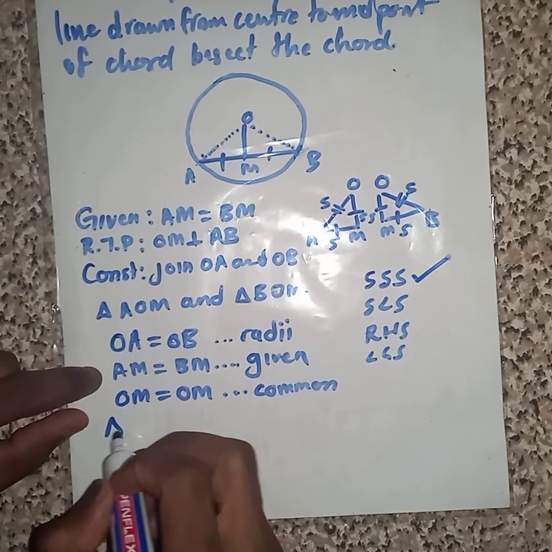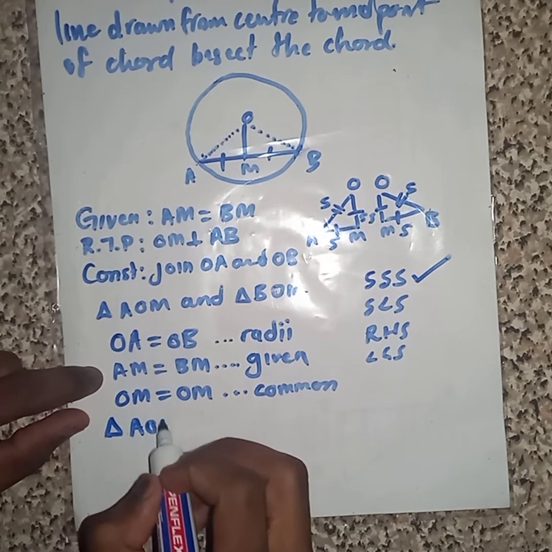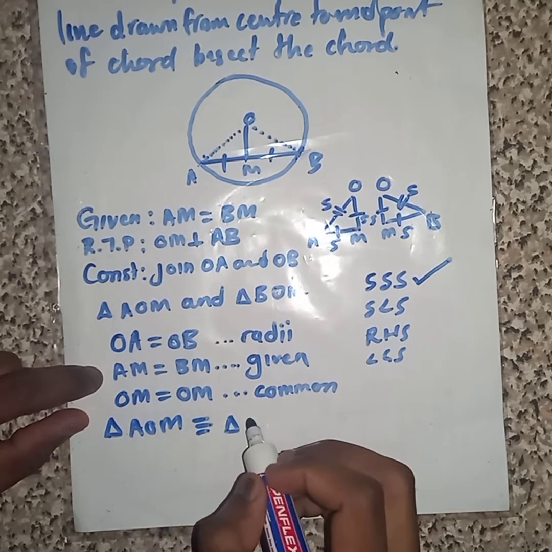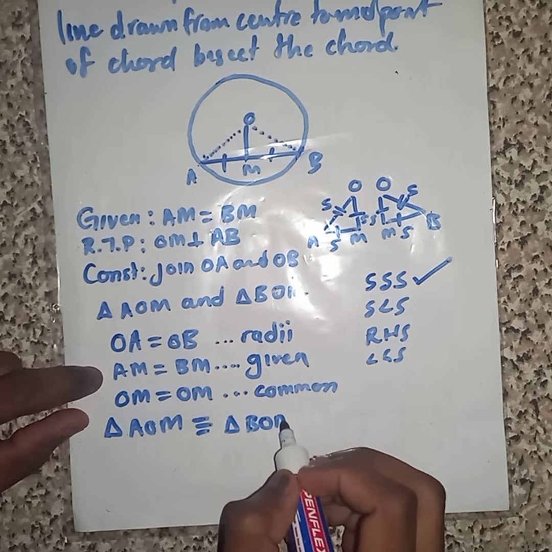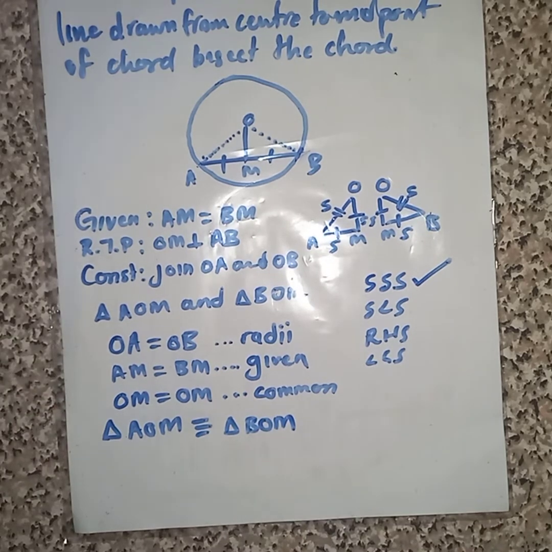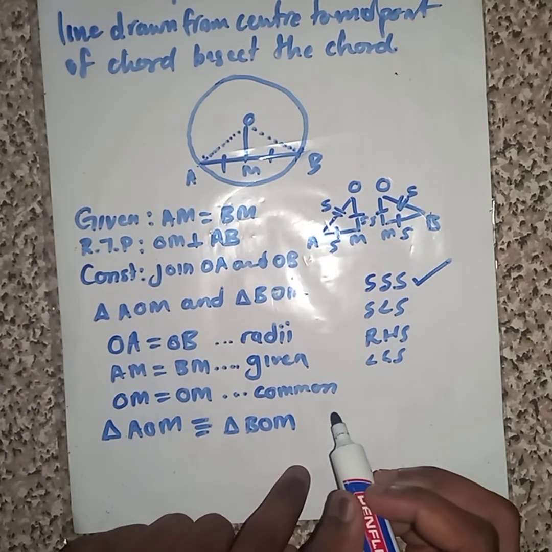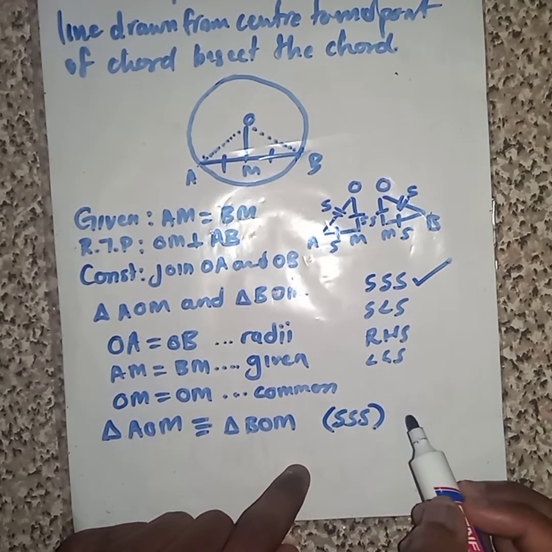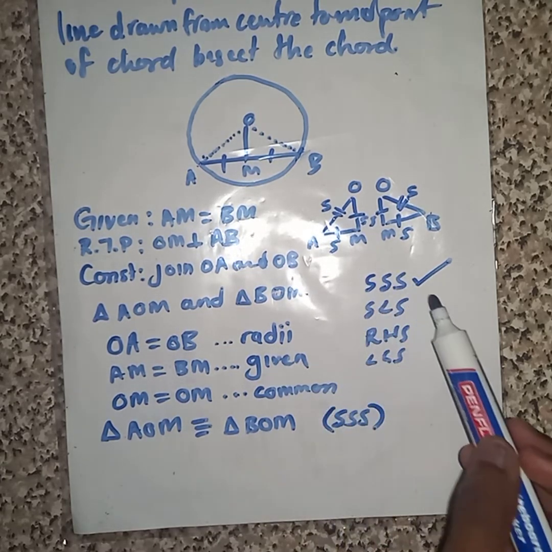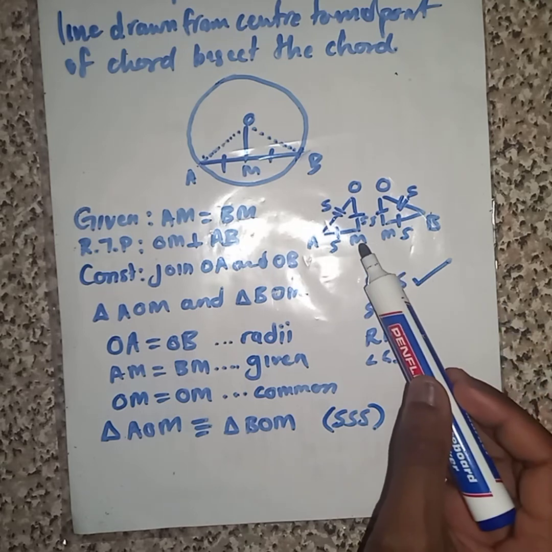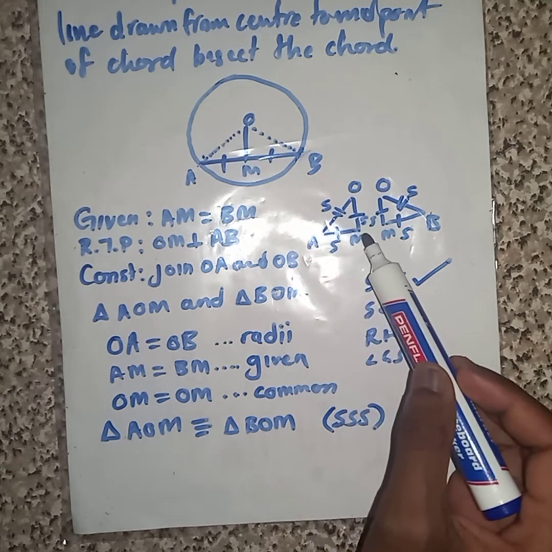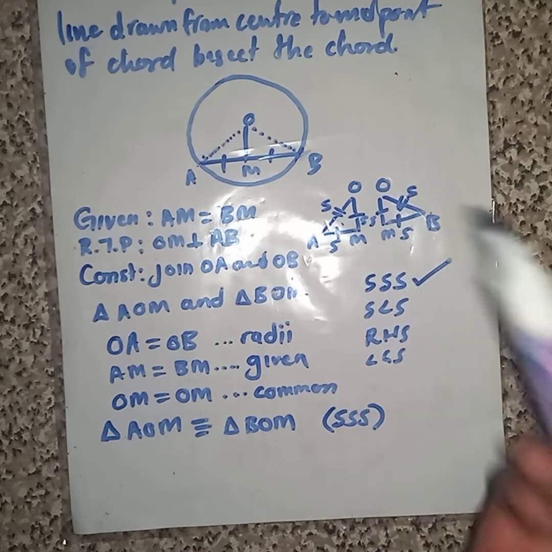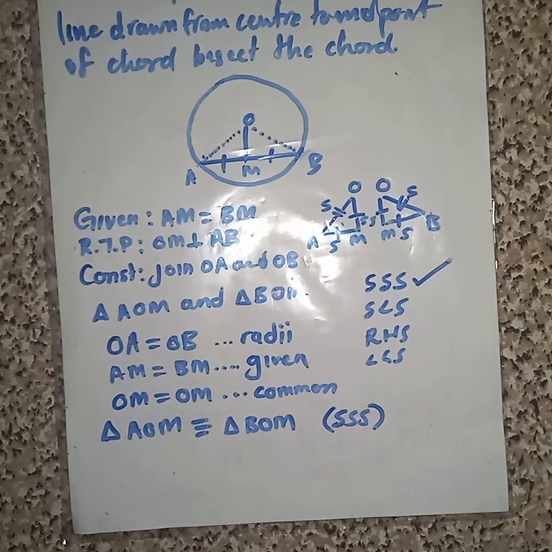Then from here we are going to say triangle AOM is congruent to triangle BOM. By saying so, we get this condition whereby all the sides of this triangle are congruent to the other triangle.